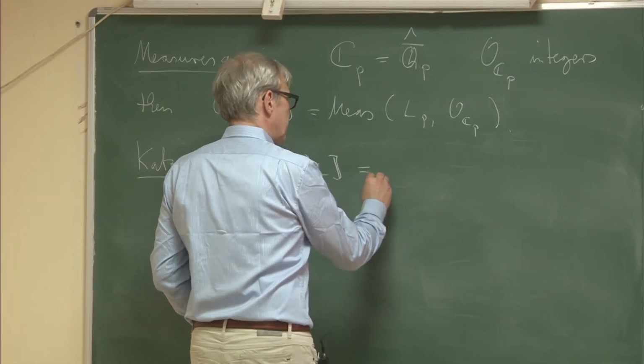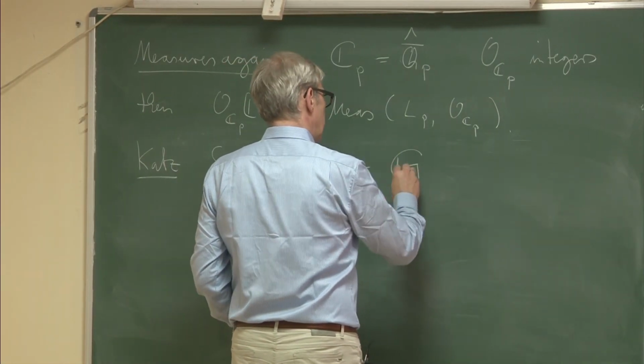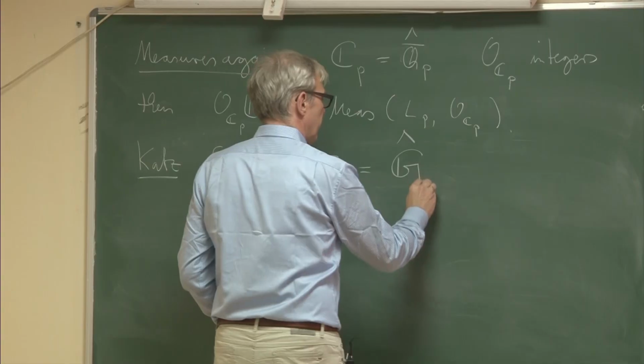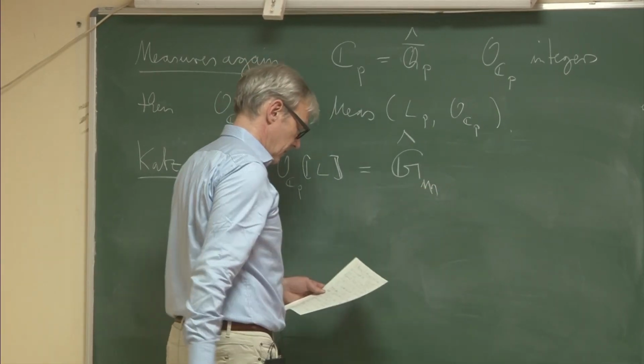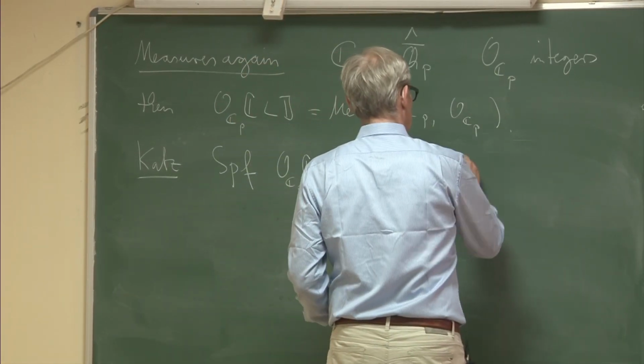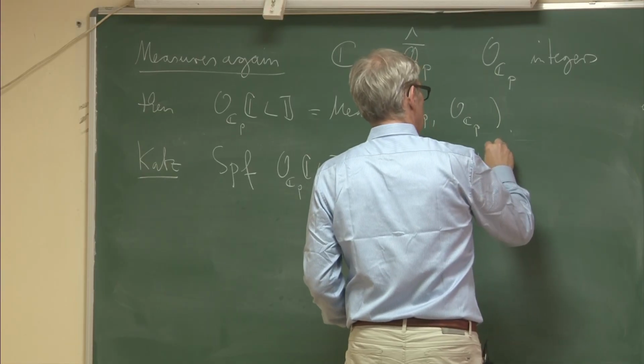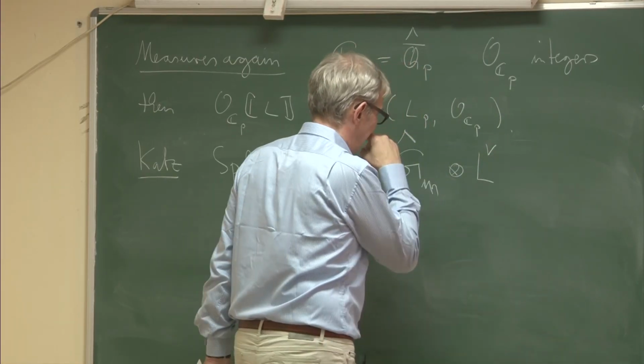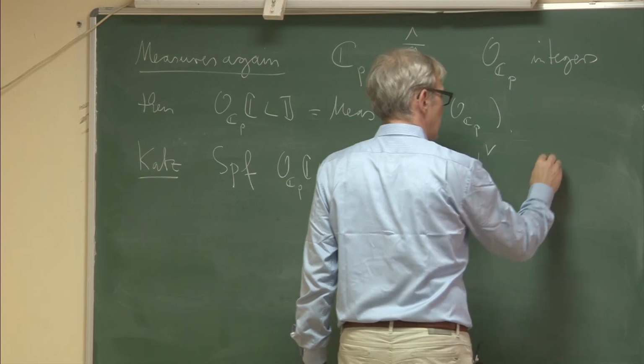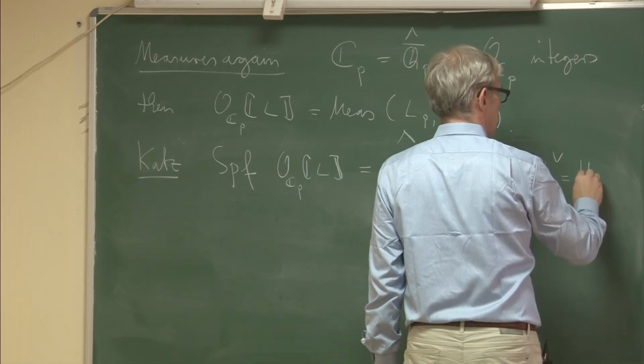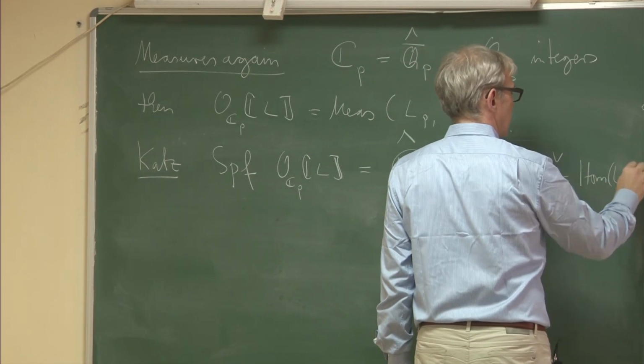What it gives you is the formal completion of the multiplicative group tensor the dual lattice L. So L is just the dual lattice.